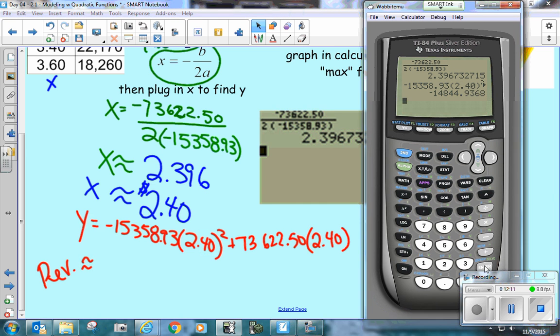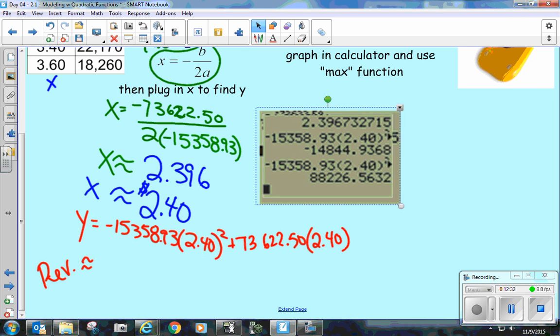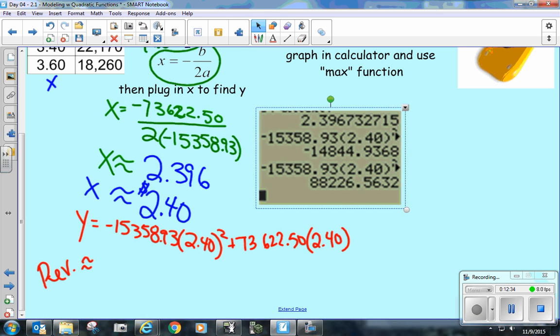Ooh, where did I mess up? Did I put a minus instead of a plus? I have to multiply times X times 2.40. Yeah, that's $88,226.56. That is the profit we'll make.